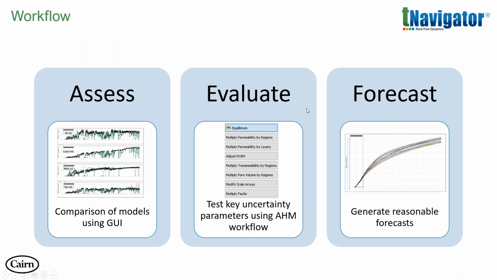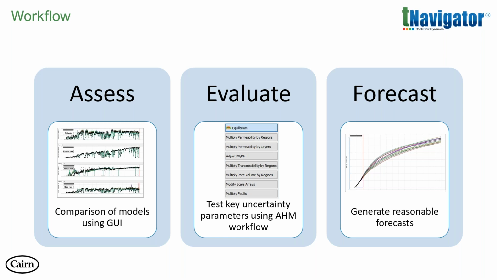So basically, this is the plan I follow. And it's a simplified workflow that I will take you through in the presentation. And it's mainly split into three parts here. First is just to assess the models that you get, compare and contrast using the graphical interface that you have within your company.